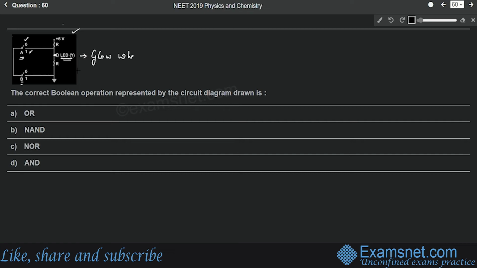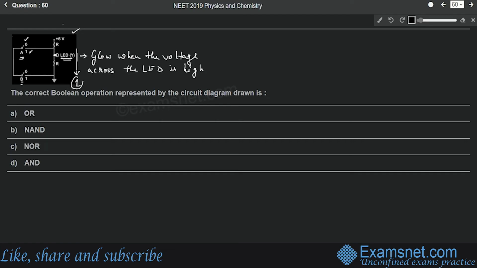So it will glow when the voltage across the LED is high. Now, another thing to note here is that there are two paths for current to follow. This is path number 1, across the LED straight.